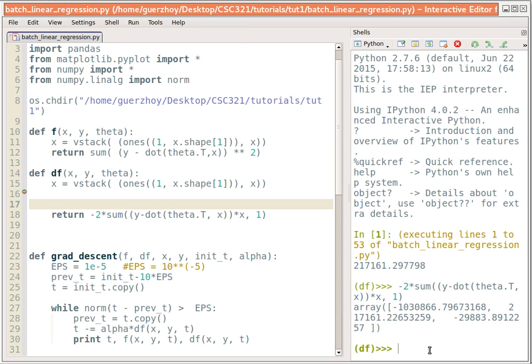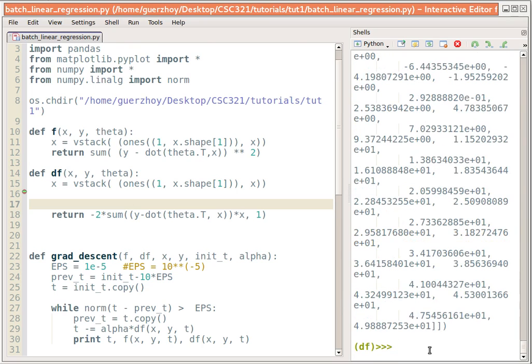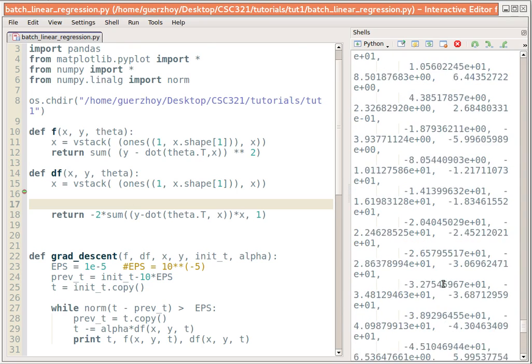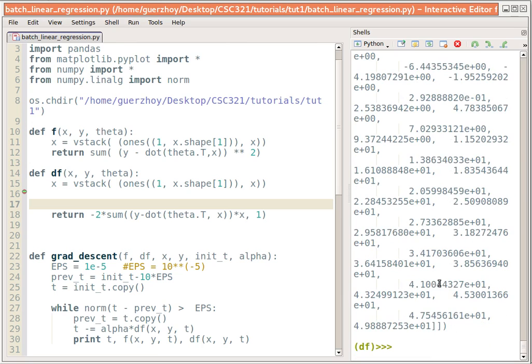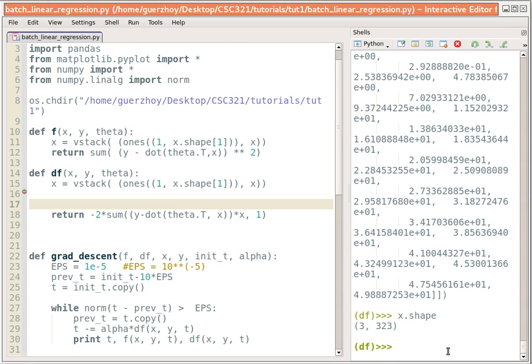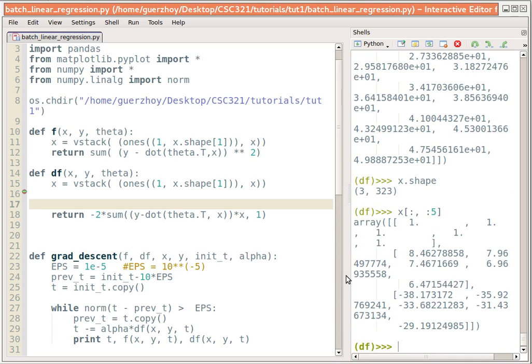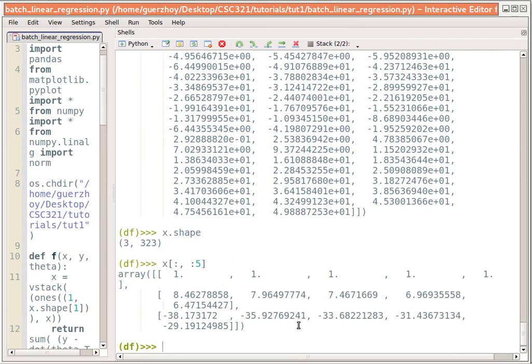So if we look at what the x looks like, well, that's not very illuminating. So the shape of the x is going to be like this. So let's look at the x, all the coordinates, but just, let's say, 5 of the cases. So here it is. And that's kind of what it looks like.